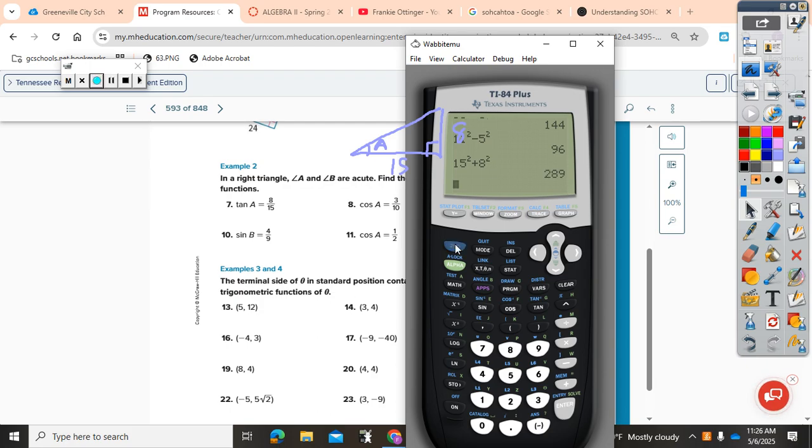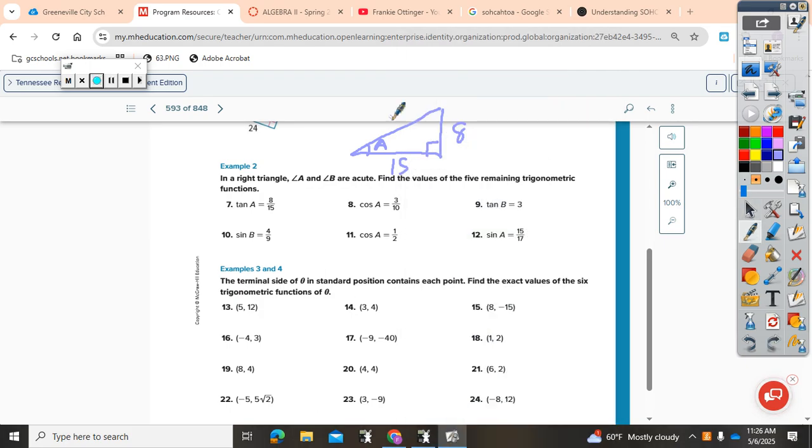And we'll square root 289. I don't have that one memorized. The hypotenuse is 17. And so sine A is 8 over 17. Cosine A is 15 over 17. And tangent A is, well, we already did tangent.